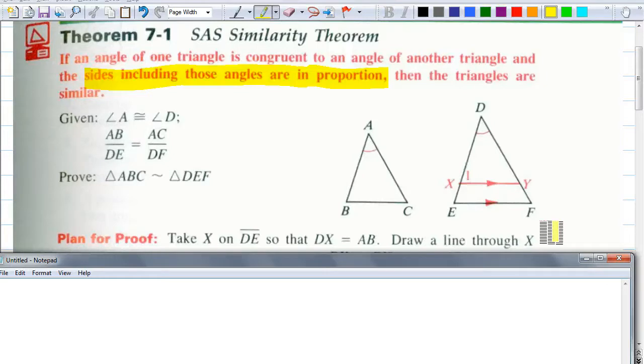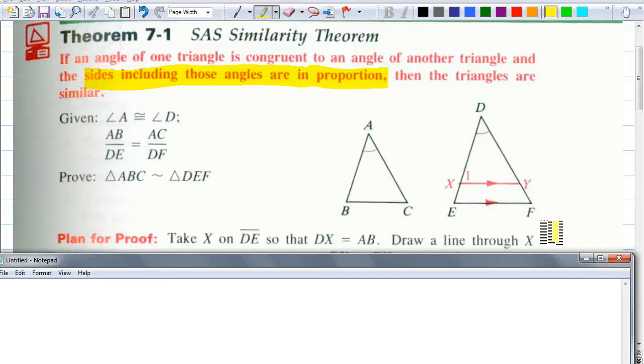Which properties did it have? Reflexive property of similarity. What else? Transitive property of similarity. Also, it had the symmetric property of similarity. You guys remember that? That's going to be helpful for us to prove this.